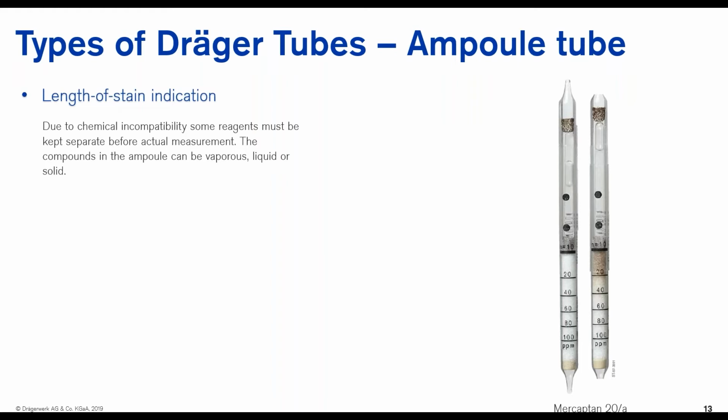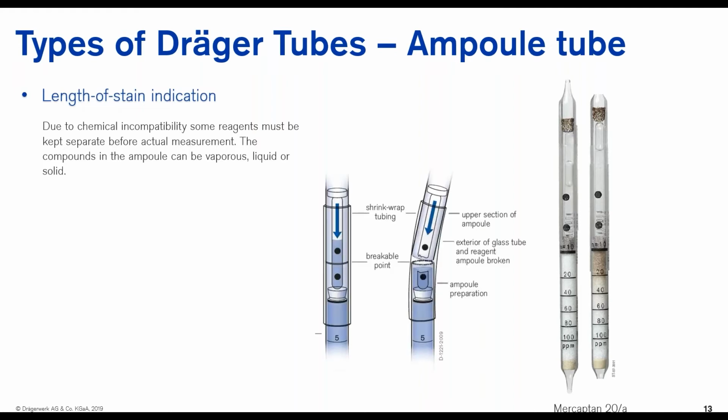So next, these ampoule tubes. These ampoule tubes are quite common, especially in the shipping industry, for example, the Methanol 100/a. The reason for the design of this tube is the chemical incompatibility of some agents. They have to be kept separately before the actual measurement takes place. For example, for this tube, if you perform the required 10 pump strokes, the reagent ampoule must be broken.